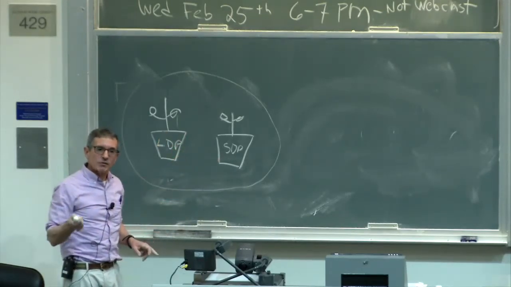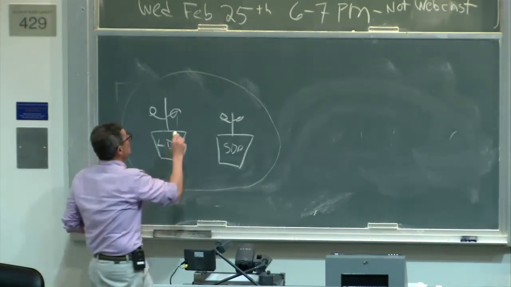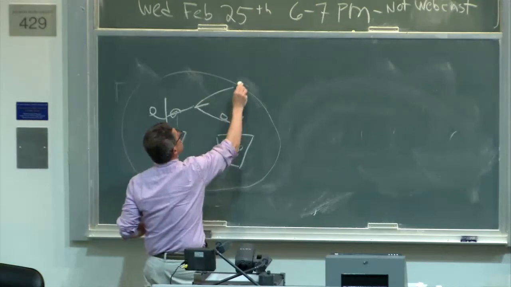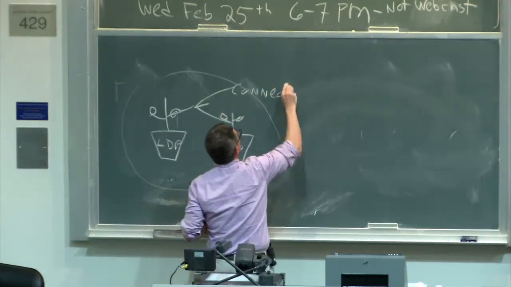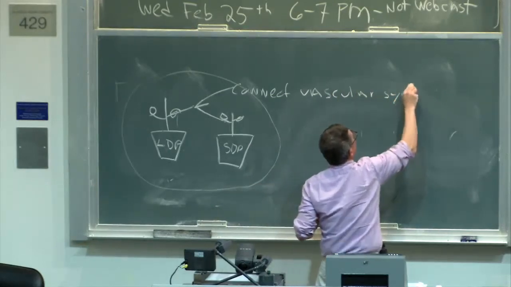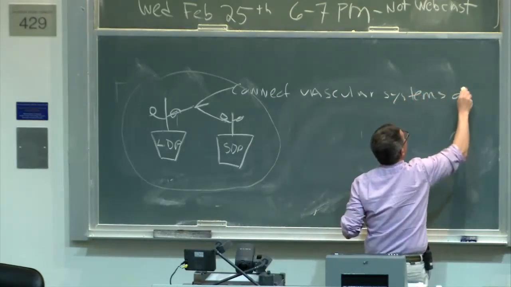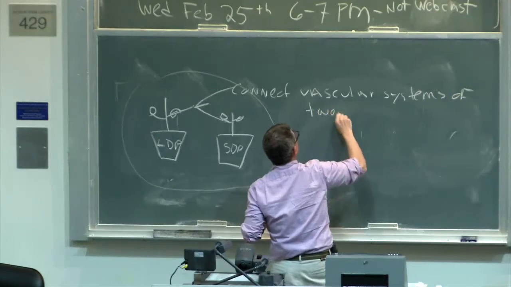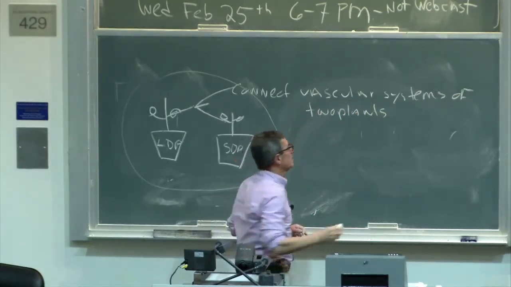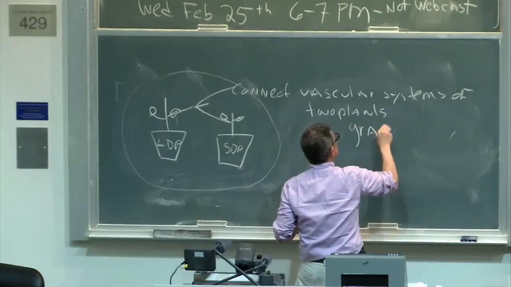So an interesting experiment was done. What was done was to connect the vascular systems of the 2 plants. And this connecting of the vascular systems is called grafting. Some of you may have been exposed to it.